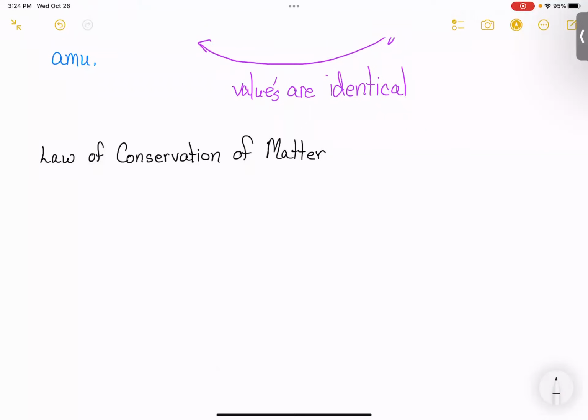The law of conservation of matter says that matter cannot be made nor destroyed.